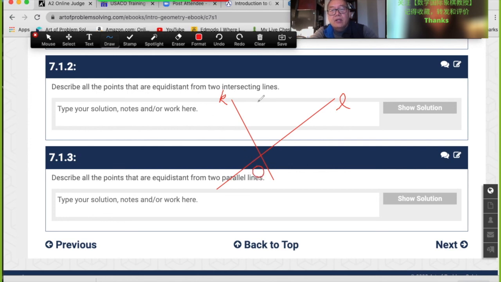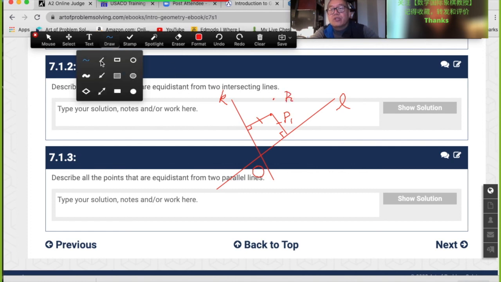Then they said a point has the same distance. Suppose from this point, draw the perpendicular line to this side, also draw to this side. Suppose these two distances are equal, okay? This right angle. Now, this is the one point, suppose P1. Then the next point, suppose that's P2.